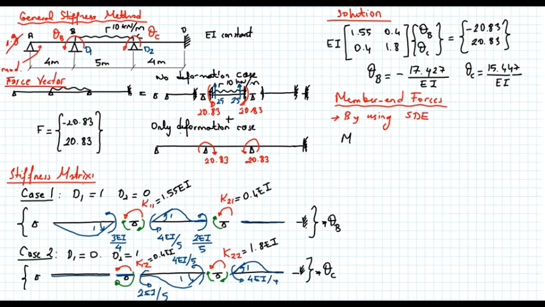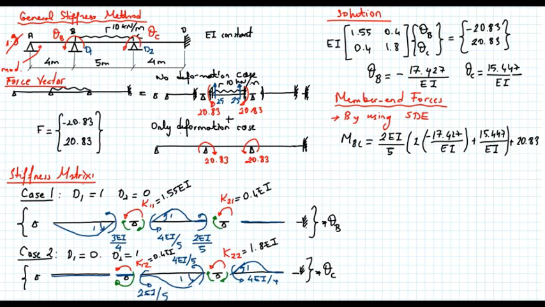So moment BC is equal to 2EI divided by the length multiplied by 2 theta B, 2 times minus 17.427 divided by EI, plus theta C, 15.447 divided by EI, plus the fixed end moment, and the fixed end moment is, we already calculated here, 20.83, and this will give me a moment that's equal to 13.07 kilonewton meters.